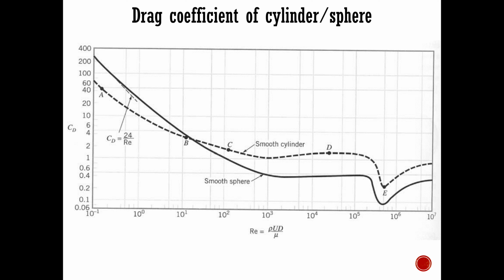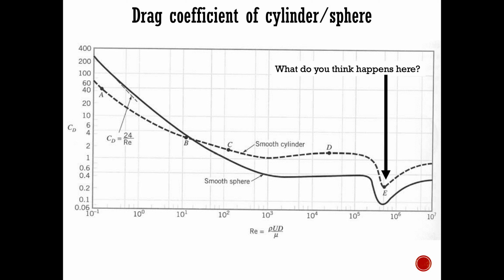All right, so now I hope you had a chance to think about why this actually behaves this way. Why does the CD variation with Reynolds number have this very interesting curve, which is typical for a cylinder? So let's look at the flow field at these different cases. I really hope you thought about what happens at this point right here. I hinted at that in the last slide.